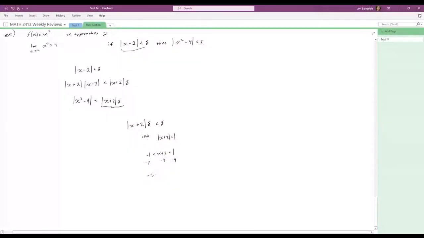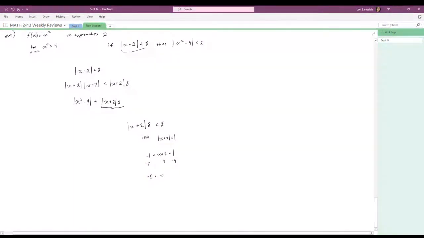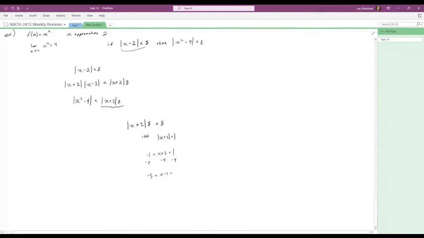So -5, sorry, is smaller than x minus 2 is less than -3. I think I'm going in the right direction with this. It might take me a minute to remember, though.